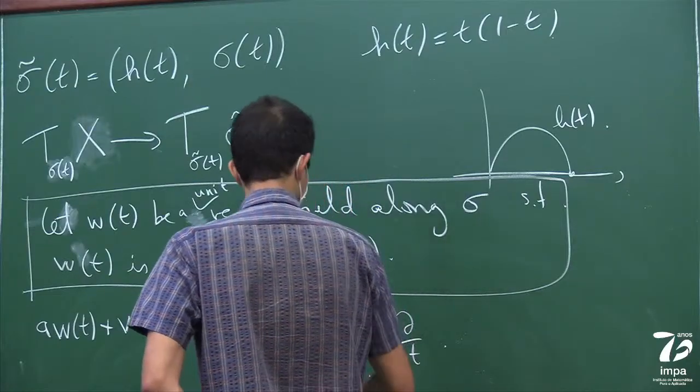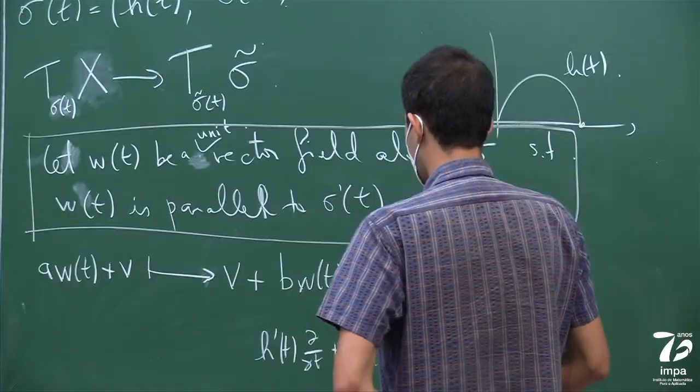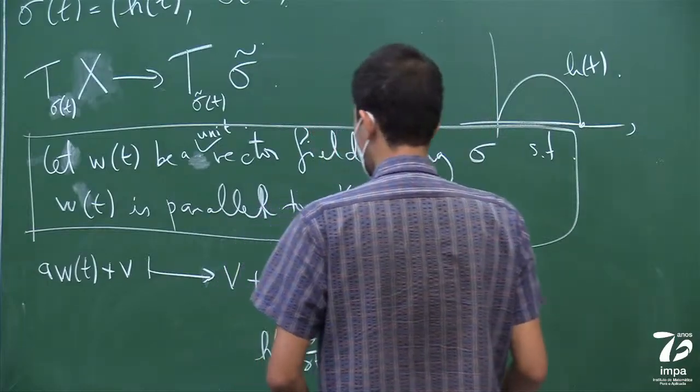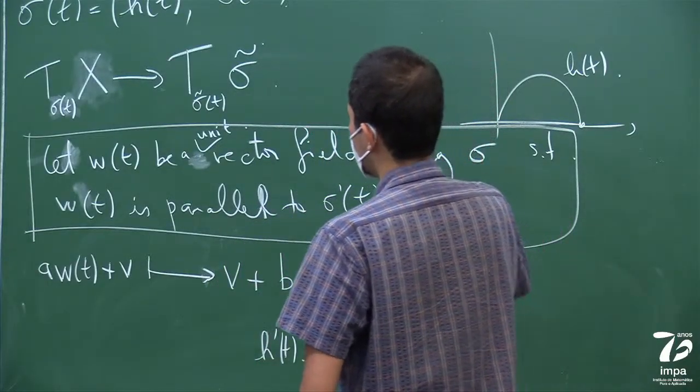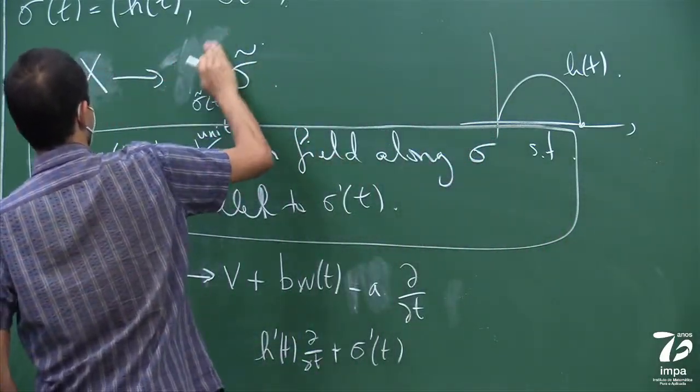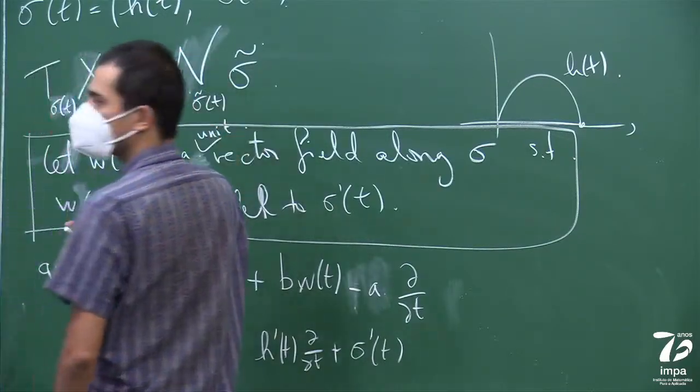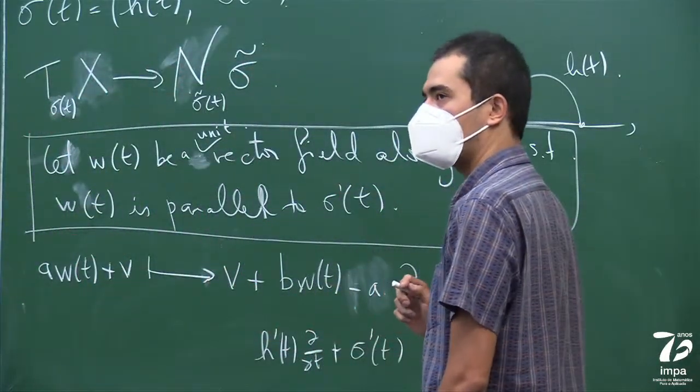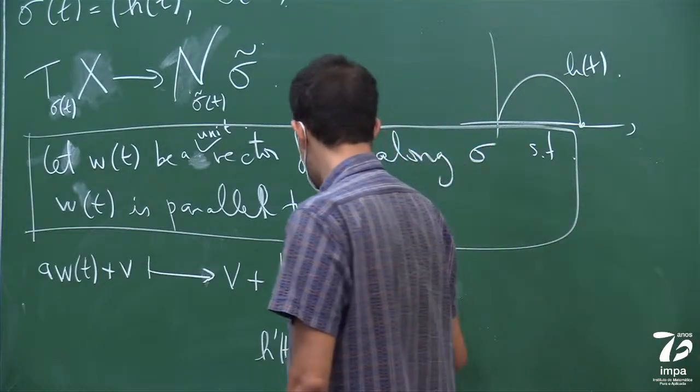I actually did write this down, but I forgot to bring the paper. Then when you do the inner product here, this has to be, oh, sorry, this is the normal, not the tangent, because you're trying to get a framing. So anyway, you want this to be 0.